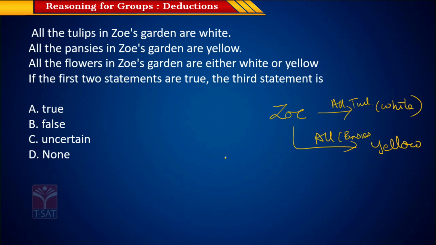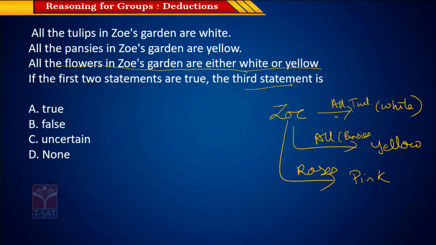Now, based on this, can we say that all flowers in Zoe's garden are either yellow or white? We know all tulips are white and all pansies are yellow, but Zoe could have some roses, and the roses could be pink. So you cannot say the third statement is false.